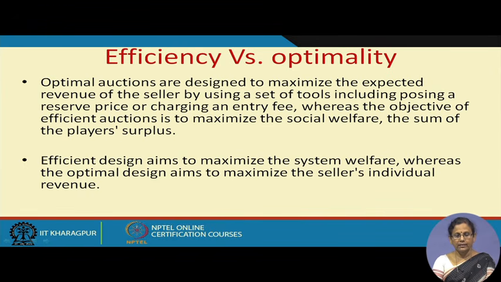Efficient auction design aims to maximize the system welfare, I mean everybody is benefited and the system as a whole is benefited, whereas the optimal design aims to maximize the seller's individual revenue.